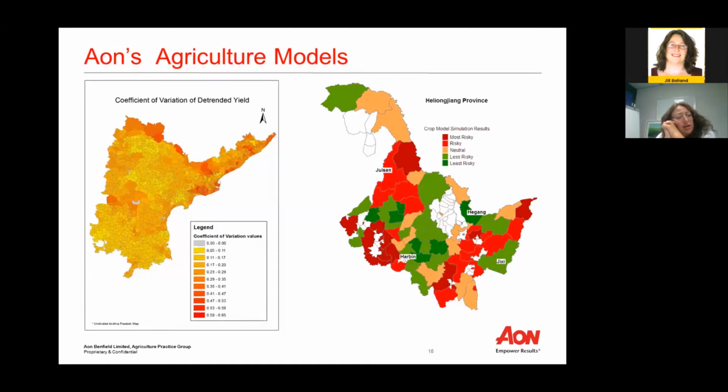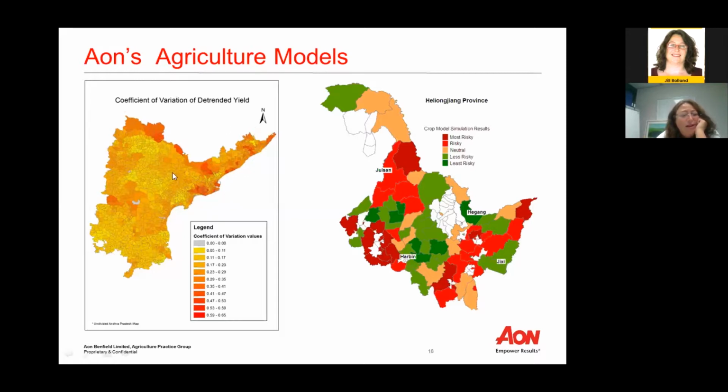So on the left, if you can see it, this is Andhra Pradesh, I think. And here what we're looking at is the coefficient of variation of yields. You can see up here in the more border regions, you get a bit more variation than you do here.